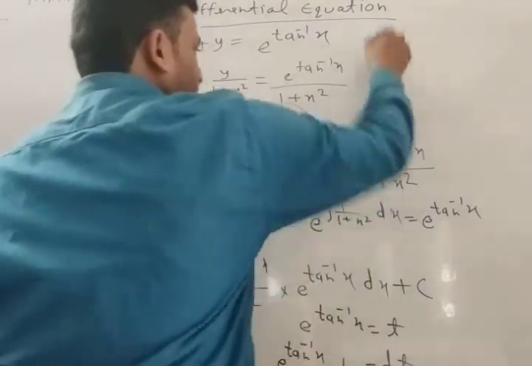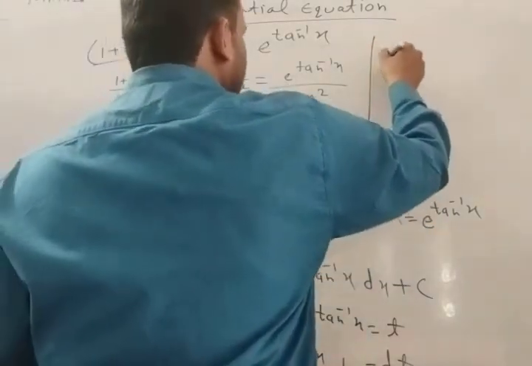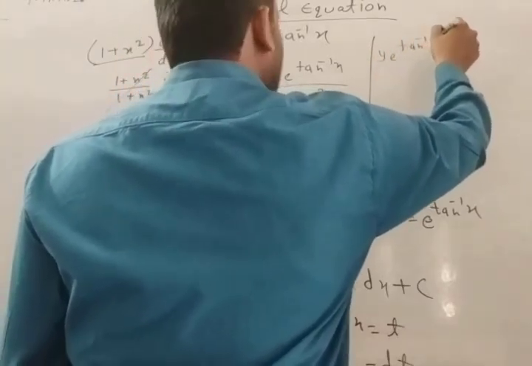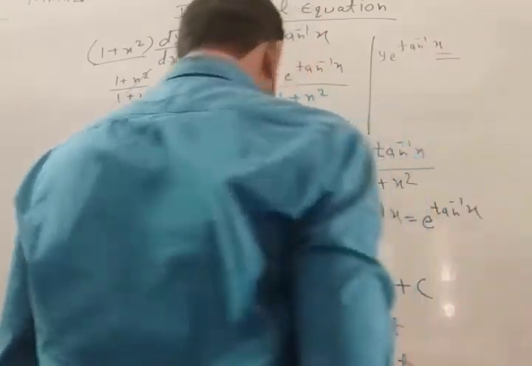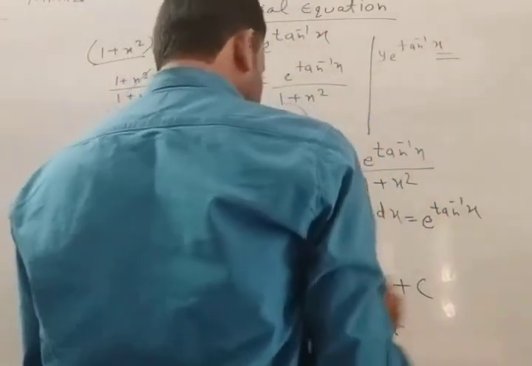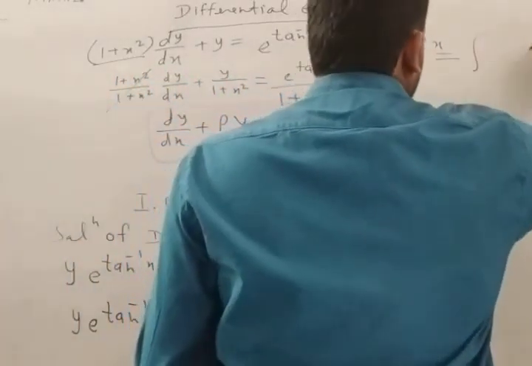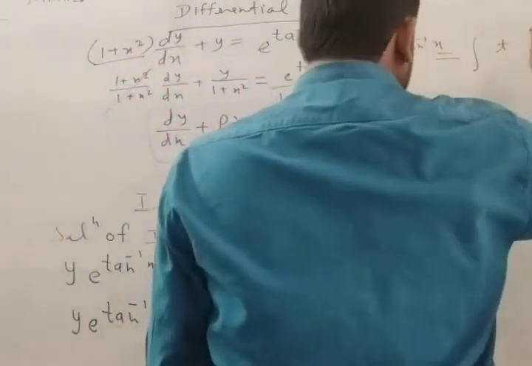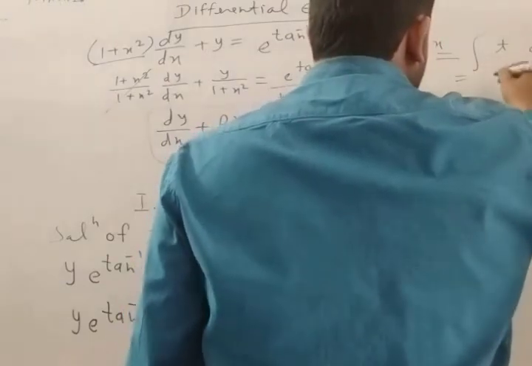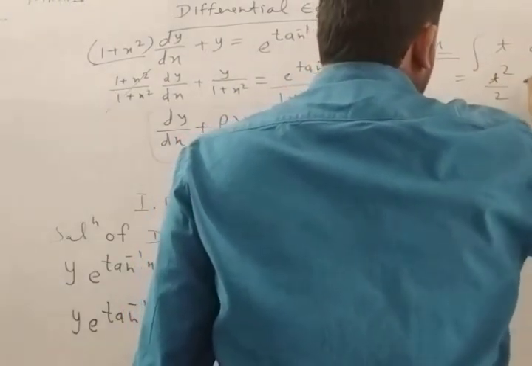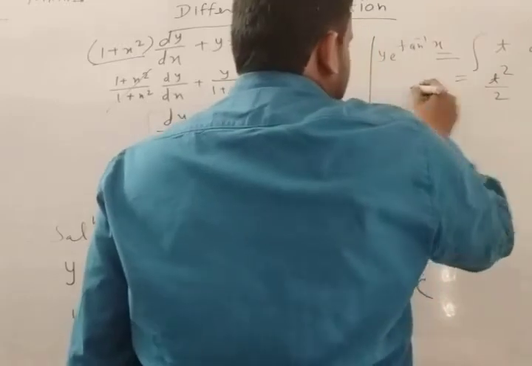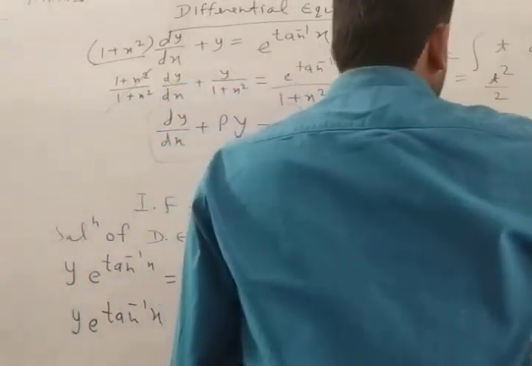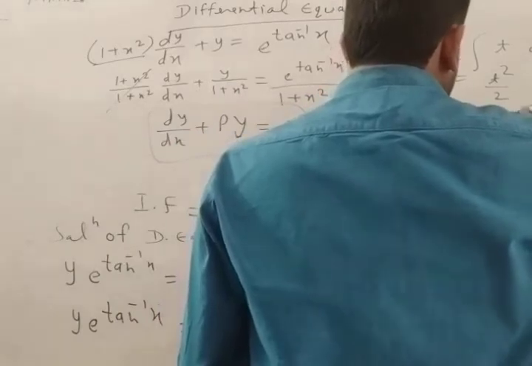So we get y e to the power tan inverse x is equal to the integral of t dt. Now integrating this, we get t square by 2 plus c, and t is e to the power tan inverse x.